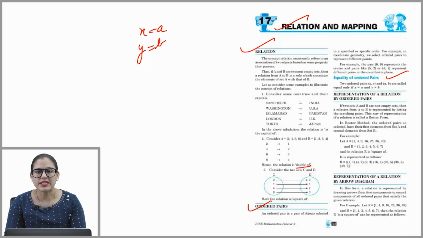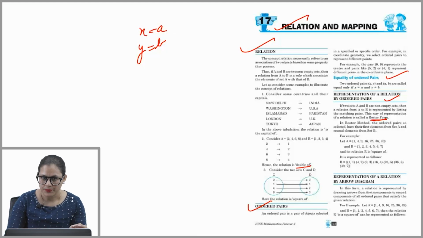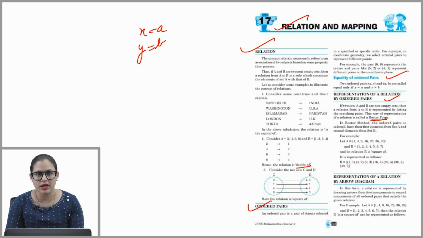Representation of a relation by ordered pairs. If two sets A and B are non-empty sets, then a relation from A to B is represented by listing the matching pairs. This way of representation of a relation is called a roster form. In the roster method, the ordered pairs so selected have their first element from set A and second element from set B. For example, let A equal 1, 4, 9, 16, 25, 36 and 49 and B equal 1, 2, 3, 4, 5, 6, 7, and its relation R is "square of".